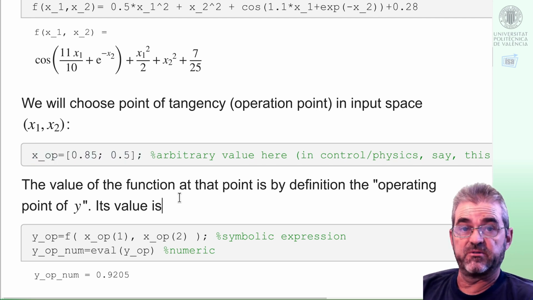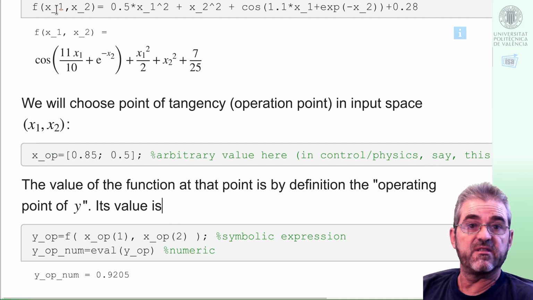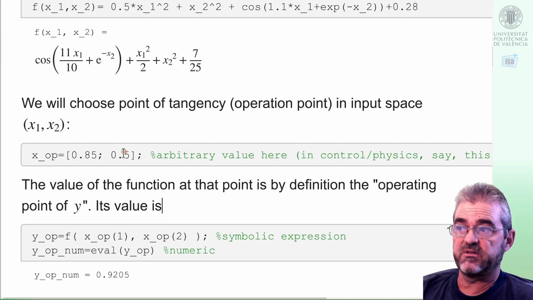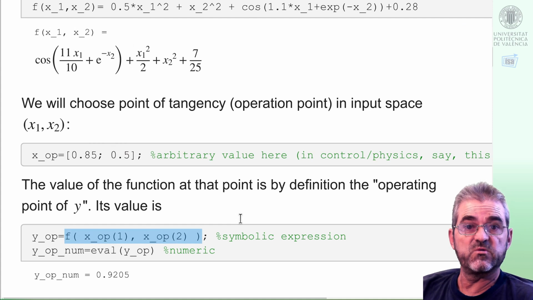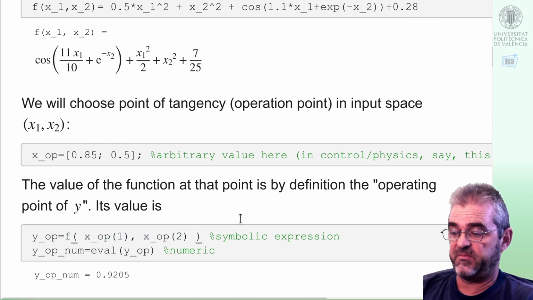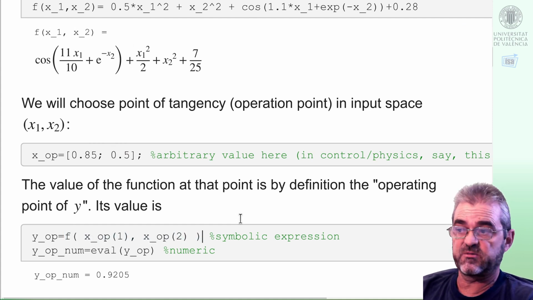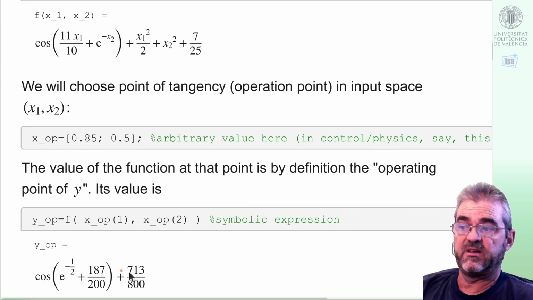So in order to get the value of the function at that operating point, I will evaluate this f at this point with the symbolic toolbox, and that will render a symbolic expression. Here we have it, replacing x1 and x2 by these values.